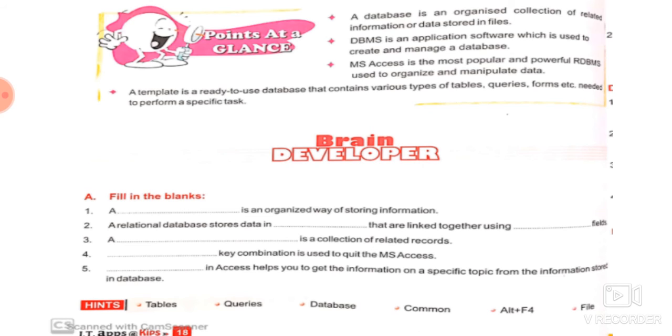Fourth, which key combination is used to quit MS Access? Right now I have told you how you can close your database, but if you want to quit MS Access, if you want to close the whole window, the shortcut key is Alt plus F4. Last, what in Access helps to get information on a specific topic from the information stored in a database?